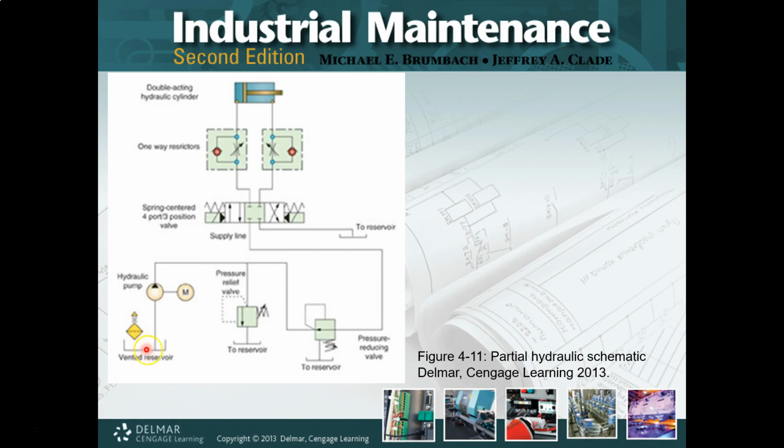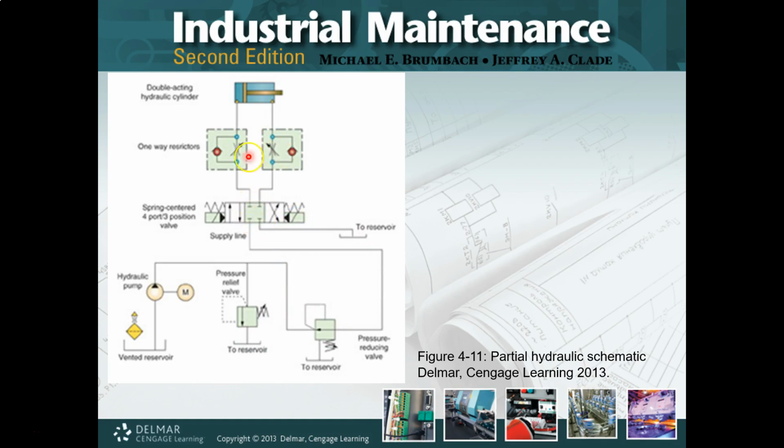So here is their version of the piping from the reservoir, and they're not showing the reservoir anyway. So from the reservoir, this is the suction line going into the pump. The pump goes over. Here's a pressure relief valve. We've got a pressure reducing valve, and this is our control valve.